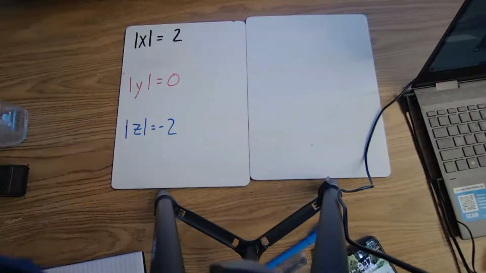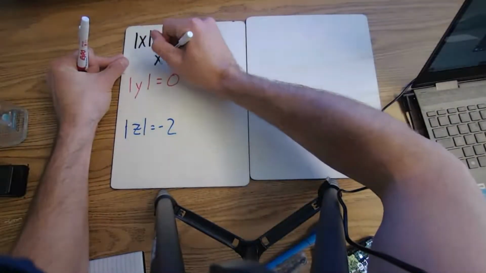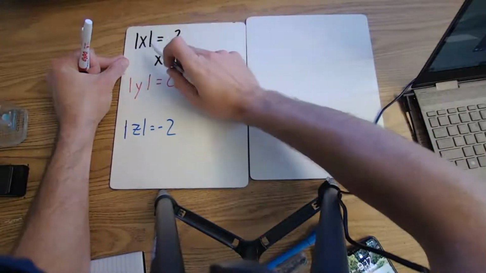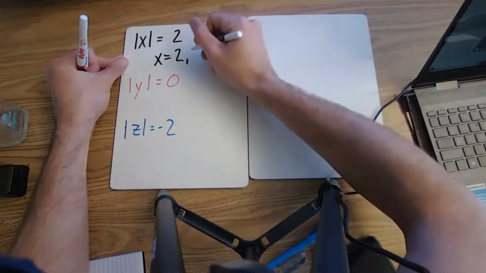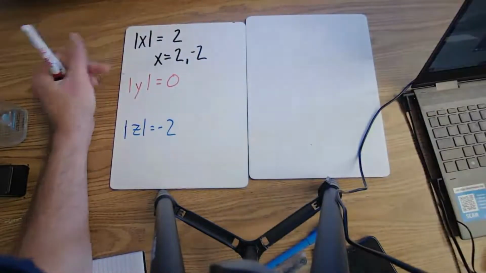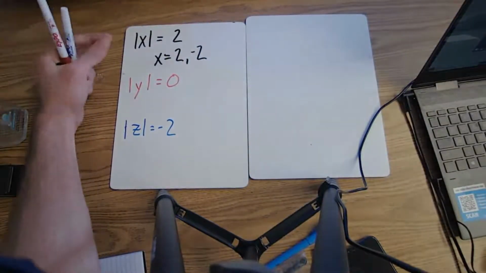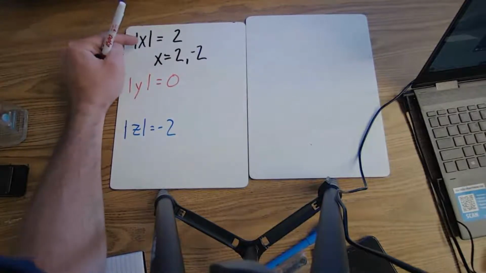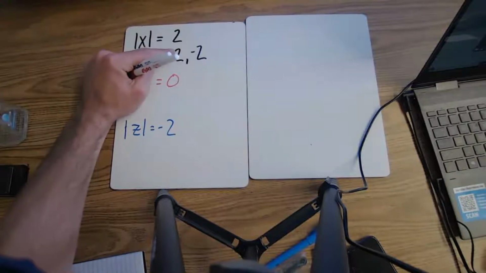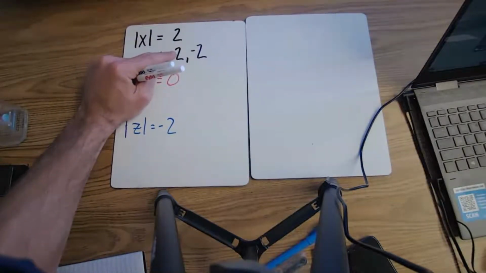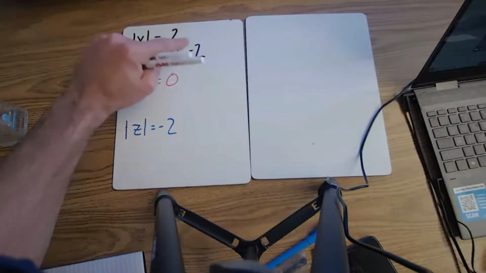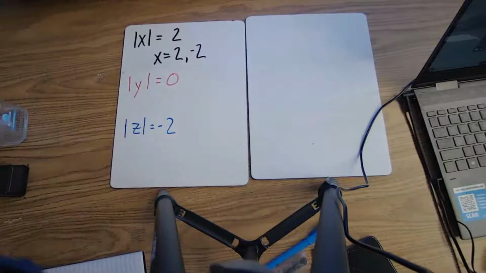For a positive number, we always have 2 possible solutions. This x could be the positive version of x, or it could be the negative version. Okay? So this x is basically a distance of 2 from 0. So those numbers that are a distance of 2 from 0 are 2 and negative 2.